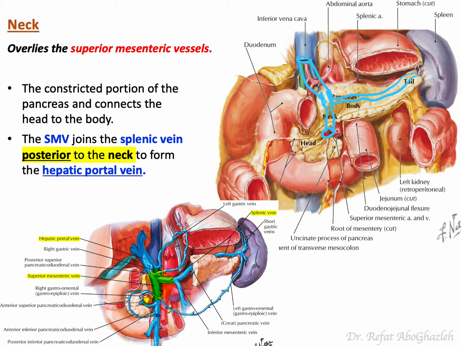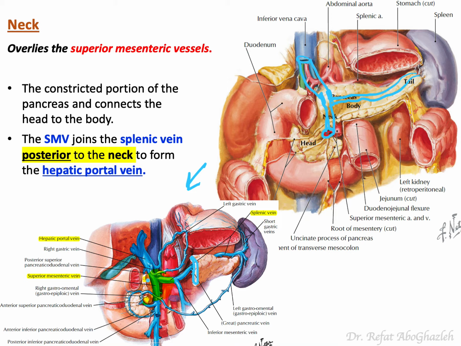So I would like you guys to know, which is very important, that the portal vein is formed behind the neck of the pancreas. Formed by what? By the union of the superior mesenteric vein and the splenic vein behind the neck of the pancreas. Look at the inferior figure here. We cut the neck and part of the body of the pancreas.